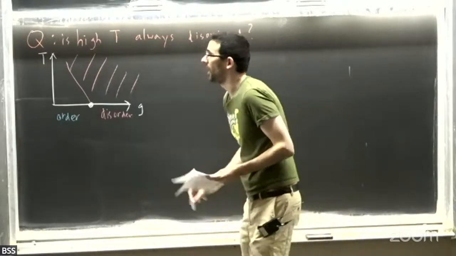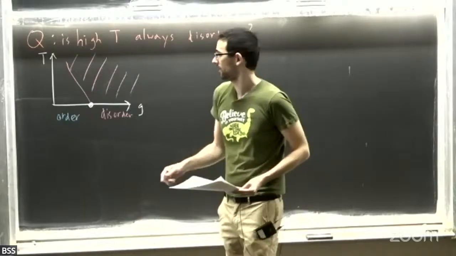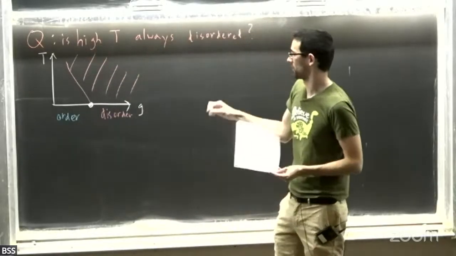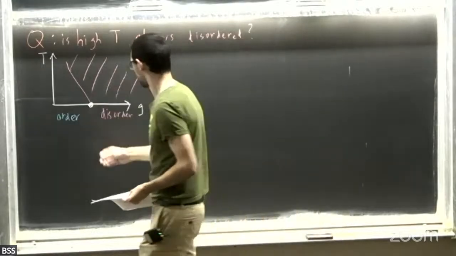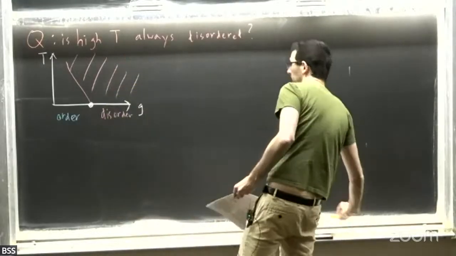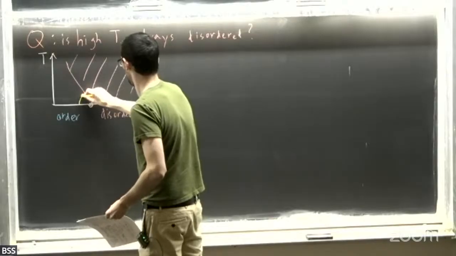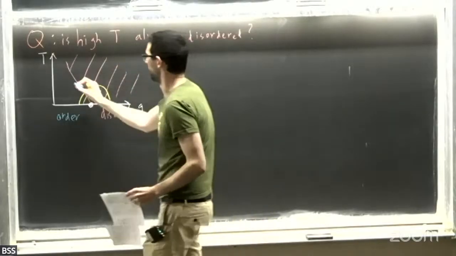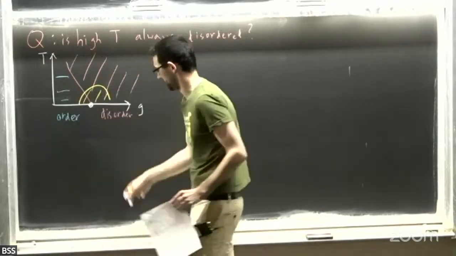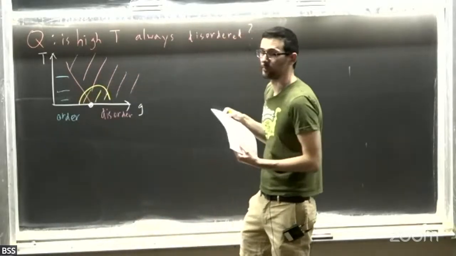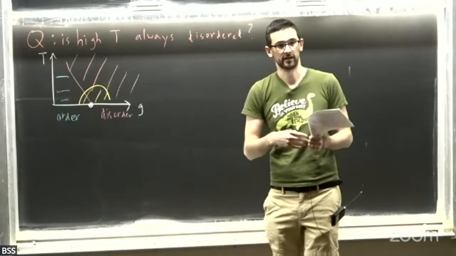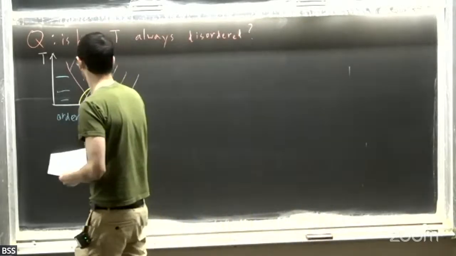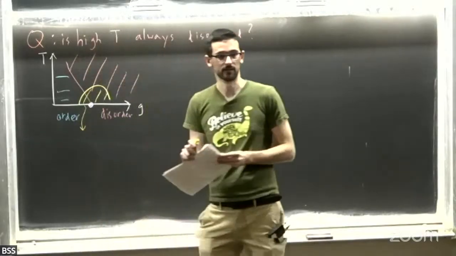Some of my collaborators are high energy physicists, and their motivation for studying this problem of high temperature order is that if I look at this part of the phase diagram here, I might hope that this shaded region in yellow can be described by some continuous field theory. There might be some universal description of what's going on here that's not so sensitive to lattice details.